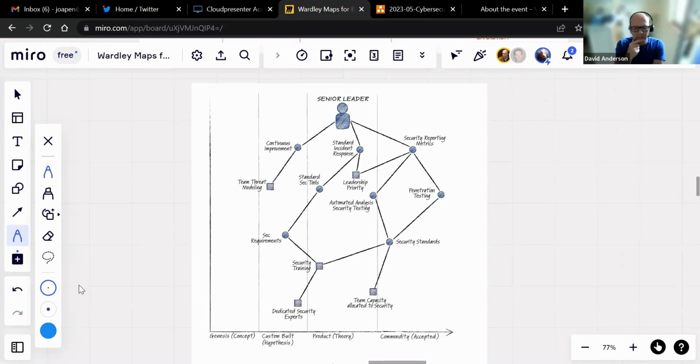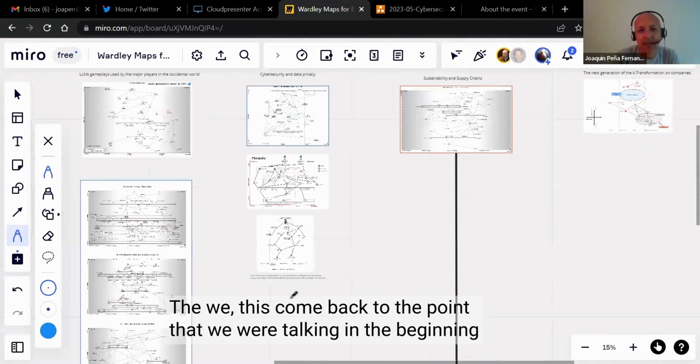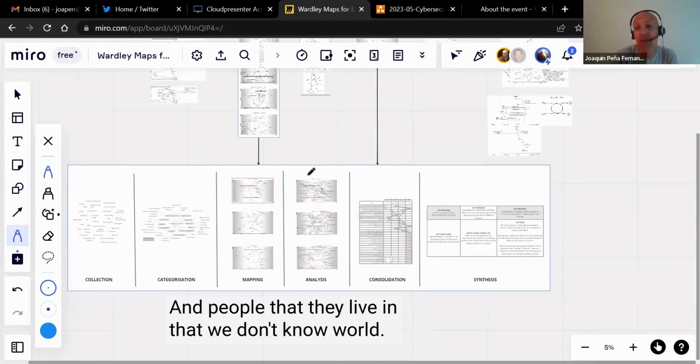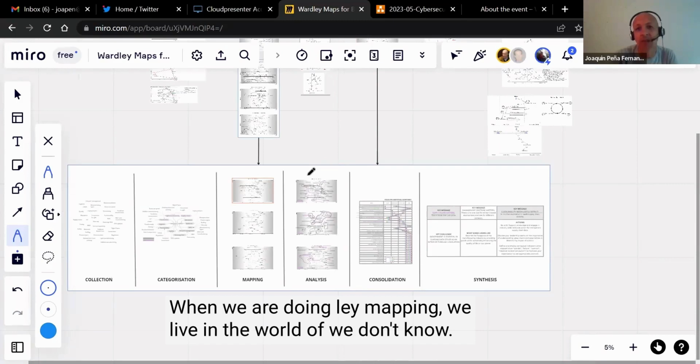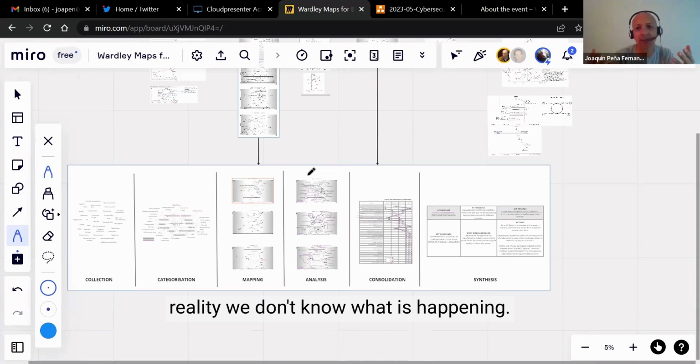Yeah, this comes back to the point that we were talking about in the beginning, that there are two worlds: people that live in the we-know world and people that live in the we-don't-know world. When we are doing Wardley mapping, we live in the world of we don't know. So we have to have our minds open to explore what really happens, because in reality, we don't know what is happening.